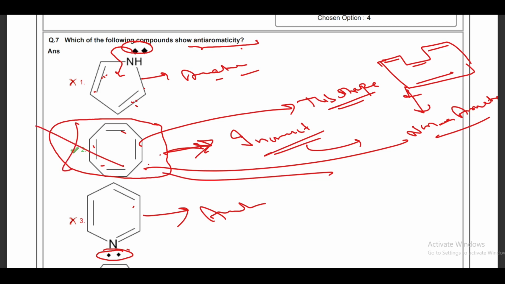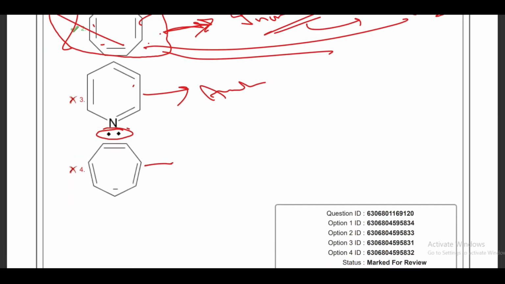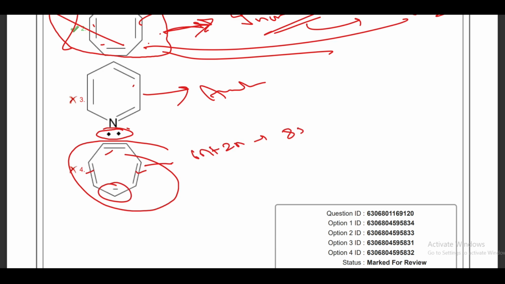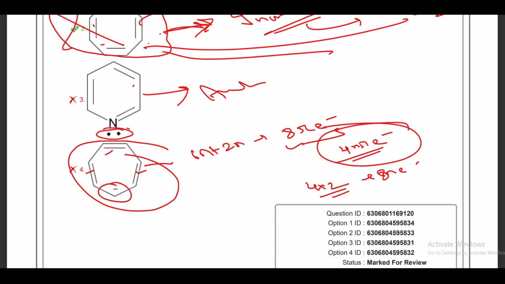And in this question your correct answer, which is anti-aromatic, is this one. Okay, so in this case there are 2, 4, 6, 6 pi electrons, and one is this negative charge. So there are total 8 pi electrons in the system, and it follows the 4n pi electron rule, according to which it is an anti-aromatic system.